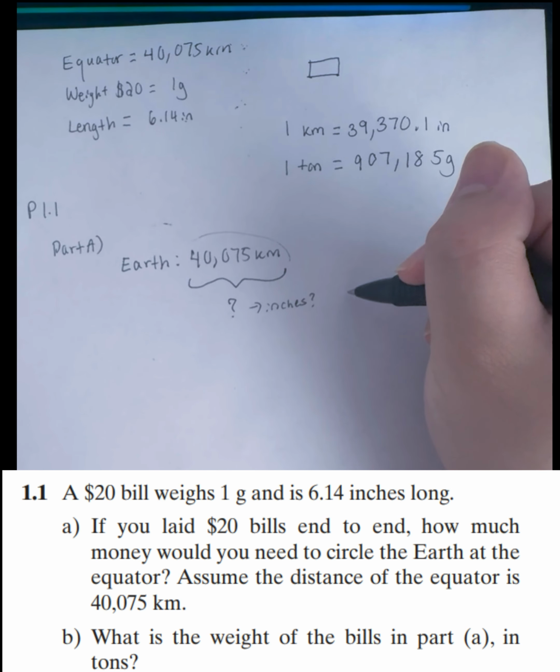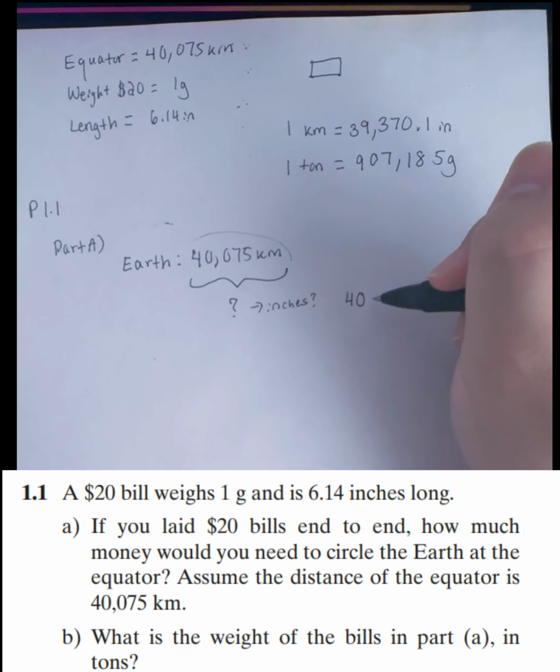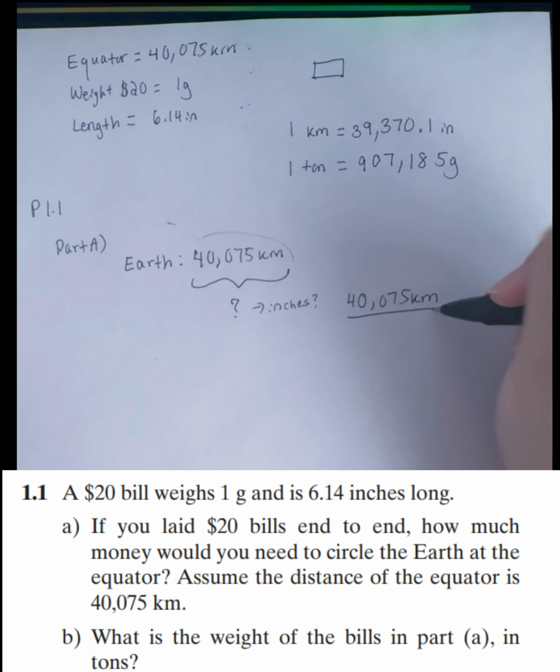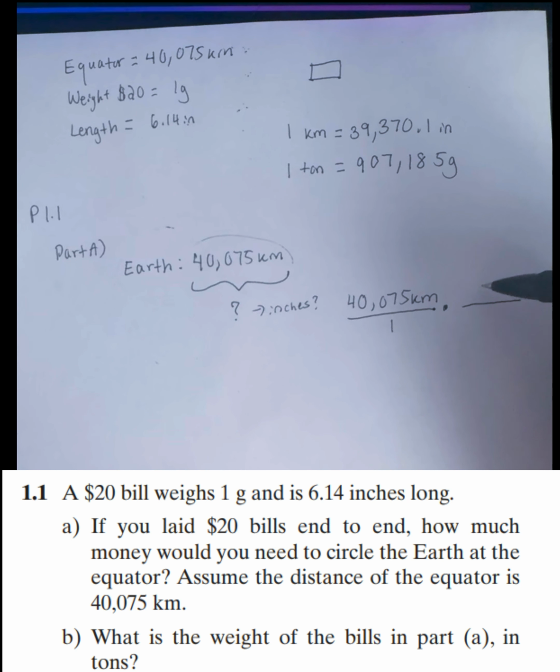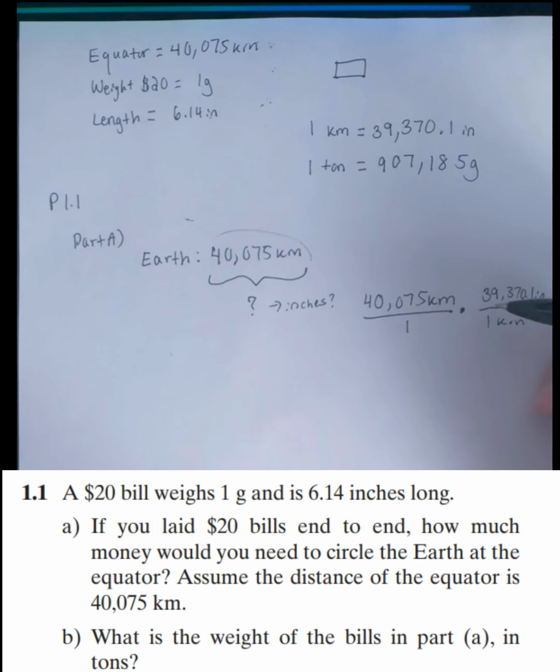So what we're going to do is 40,075 kilometers over 1, multiplied by 39,370.1 inches, which is what 1 kilometer equals, right?